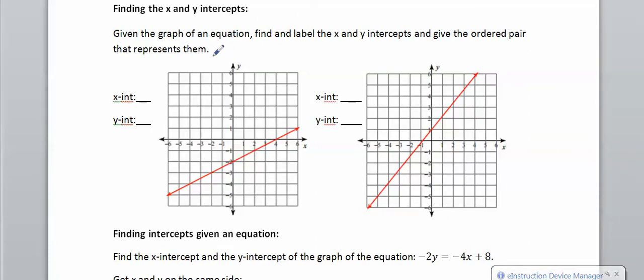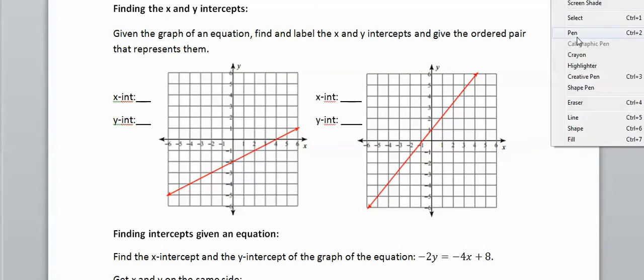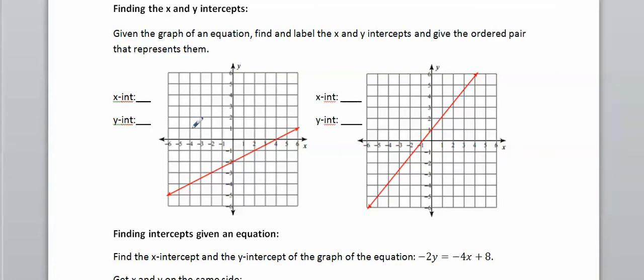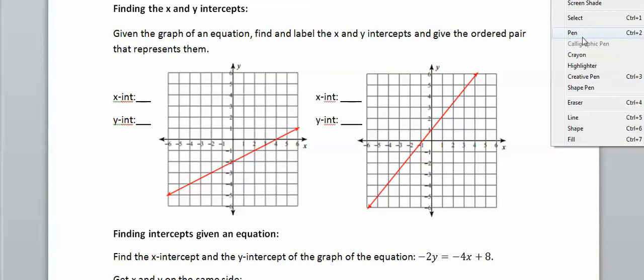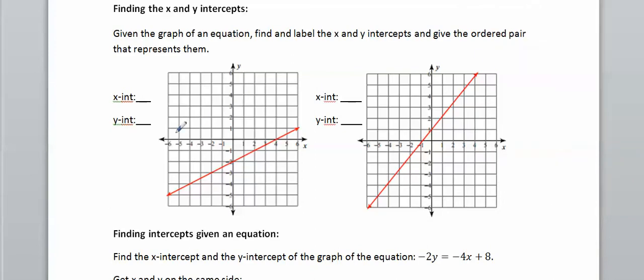Alright, so in this first example, I'm looking at this graph. I want to figure out where my x-intercept is, so I'm looking specifically at the x-axis. Here's my x-axis, and I'm looking at the point where my graph crosses the x.